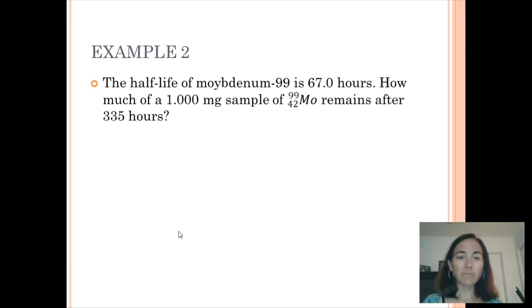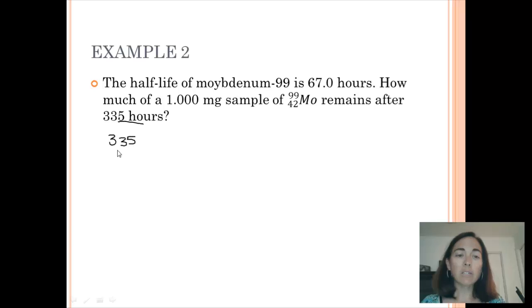In this one we have an isotope of molybdenum, and we are trying to figure out how much of this 1 milligram sample will be left after 335 hours. So the first thing we need to do is figure out how many half-lives is 335 hours.